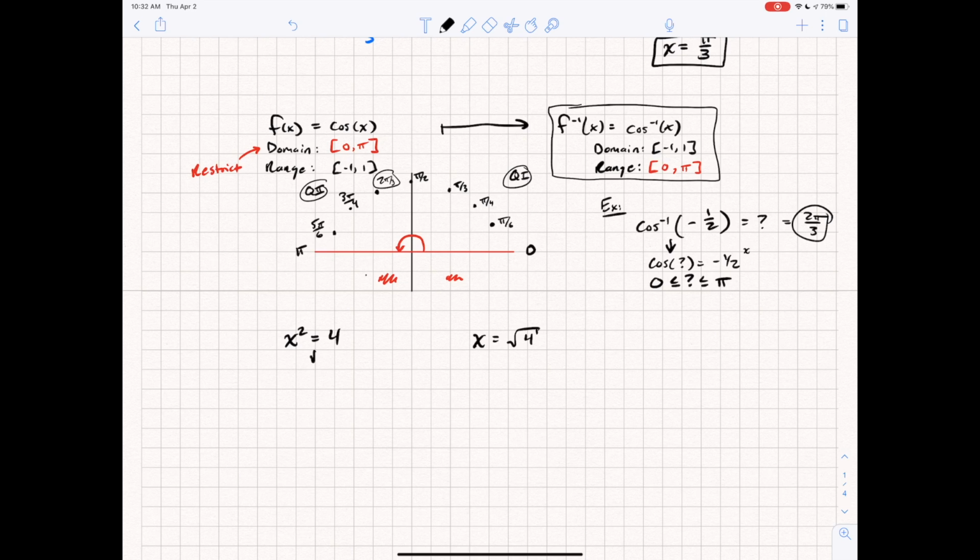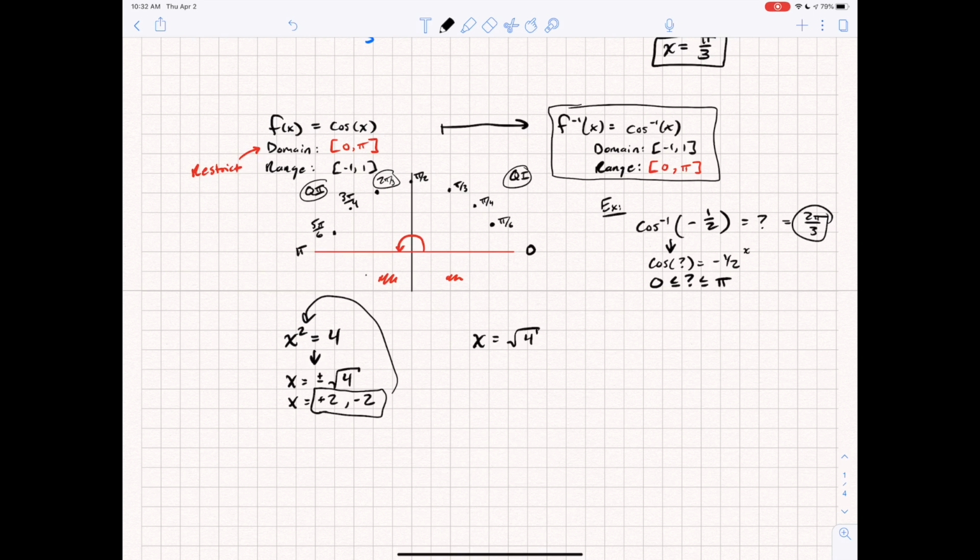Now here, when I'm solving x squared is equal to 4, notice how you would have to introduce the square root. But by introducing the square root, we have to take into account the two different answers, positive 2 and negative 2, because both of these answers would work in the original equation, right? Negative 2 times negative 2 would be equal to 4. 2 times 2 would be equal to 4. Therefore, I get two solutions.